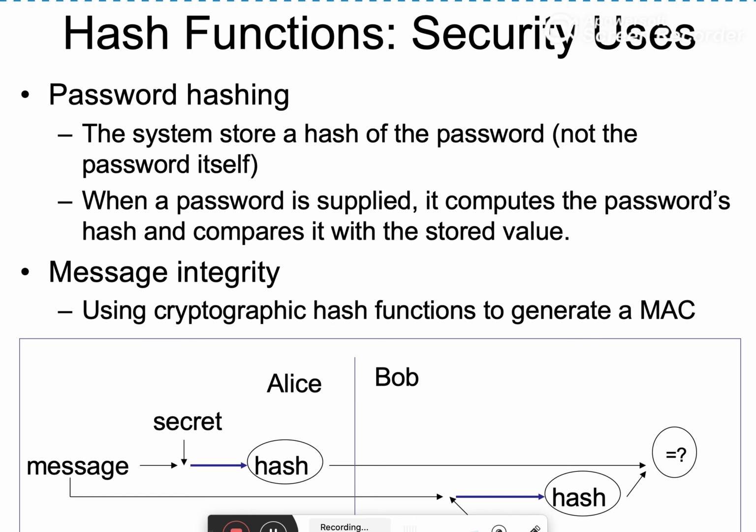Okay, hash function security uses or applications. As I told you, we use hash functions to calculate message authentication code, and hash functions are also used for password hashing. Your password in the system is never stored in clear.